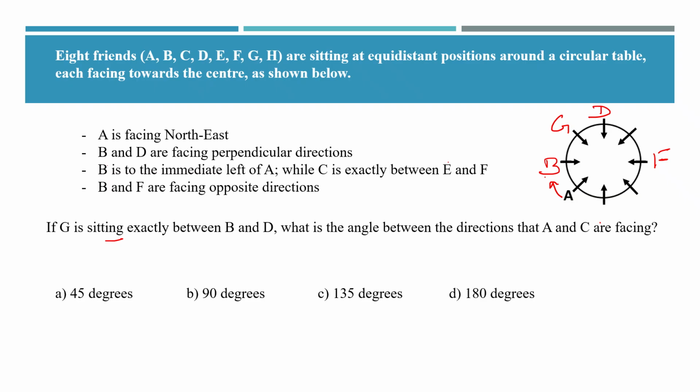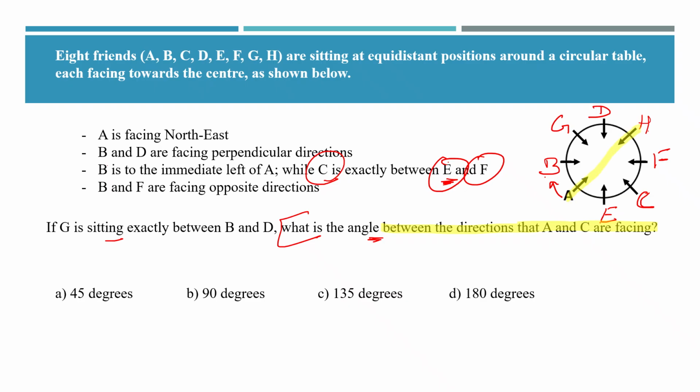Since C is between E and F, I can't give C over here. So if this is C, then this is E and the left out is H. What is the angle between the direction A and C?